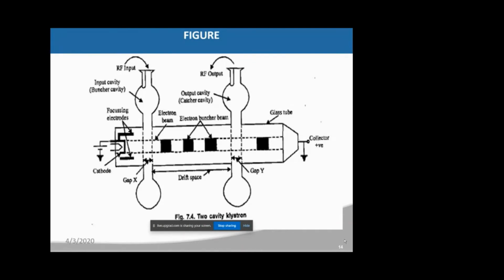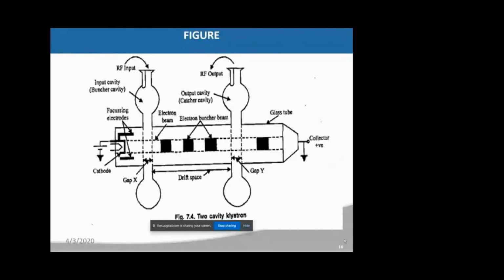If you are referring to the space between the cathode and gap x, before the electron comes to the gap x, the velocity of the electron is something different. When the electron enters the gap x, the velocity is something different.